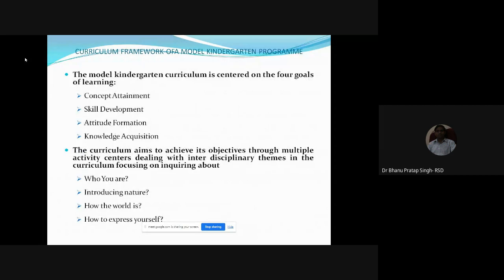The model kindergarten curriculum is centered on the four goals of learning. And what are the four goals? Concept attainment, skill development, attitude formation, and knowledge acquisition.